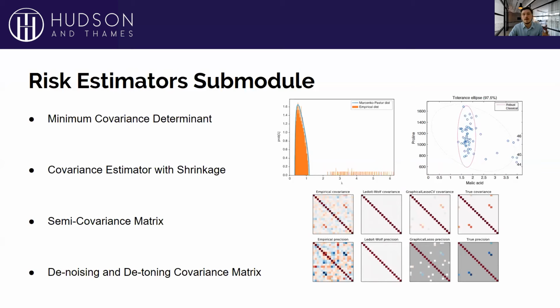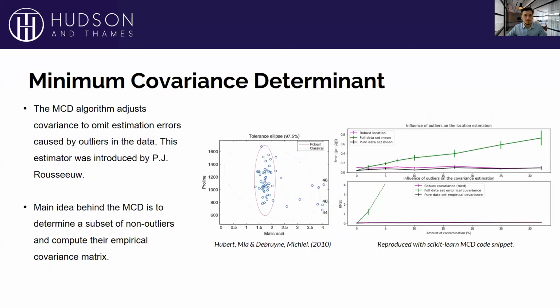So that would be poor numerical properties or high influence by outliers. So I'm going to cover here the minimum covariance determinant, the covariance estimator with shrinkage, the semi-covariance matrix, and the denoising and detoning covariance matrix.